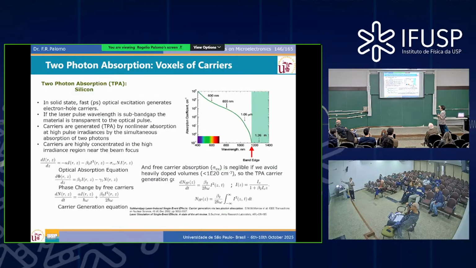Okay. The math explaining the thing. I will not elaborate; you have it there because it's important nowadays. Free carrier absorption is negligible, reducing the power, the energy below 1 nanojoule. And the critical point is the wavelength, because this is where the silicon has a linear photoelectric effect.